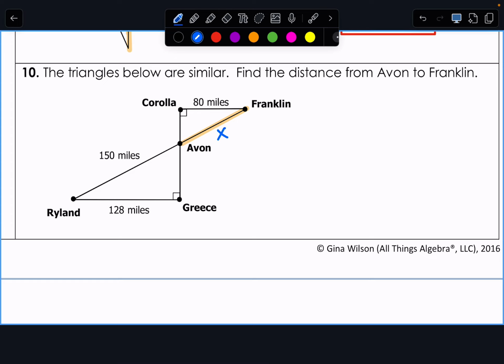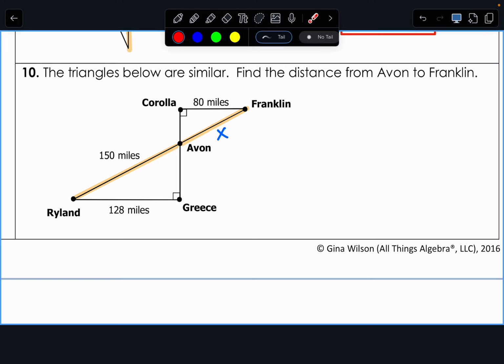In the triangle that is below, which side corresponds with X? 150. Okay. I want you to notice that we have this right angle right here, and both of those sides are across from the right angle.